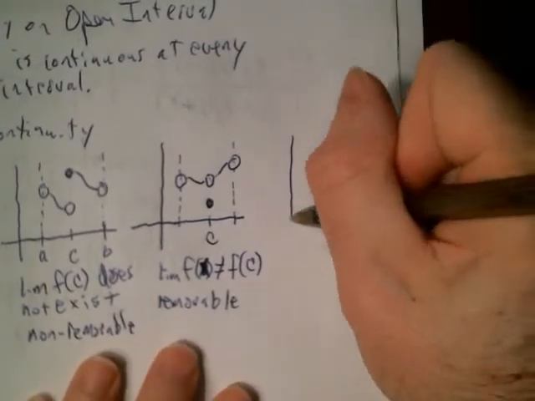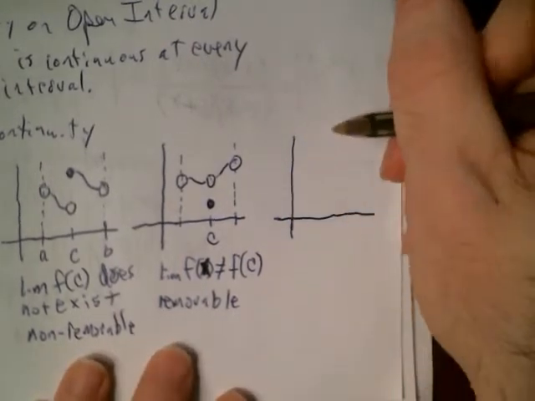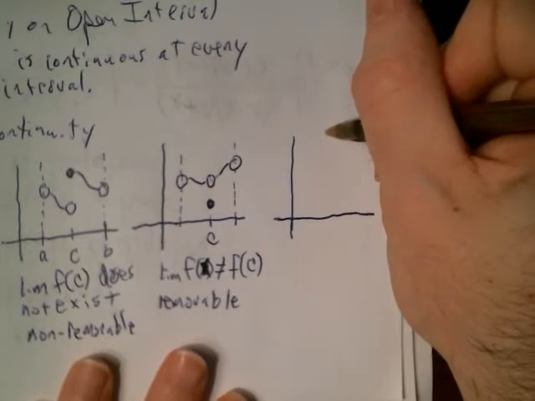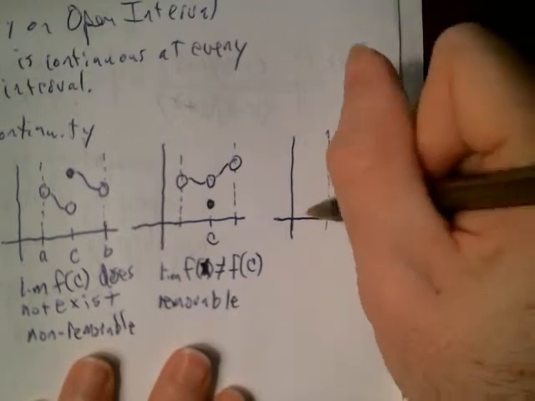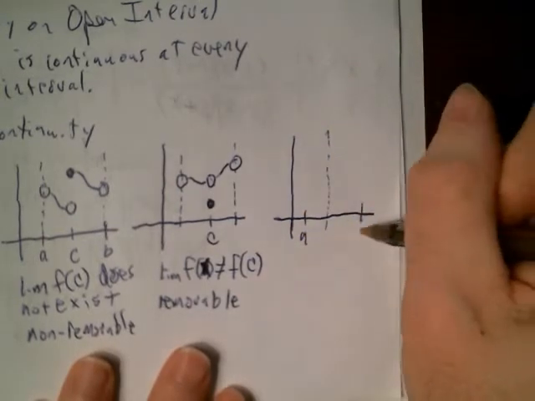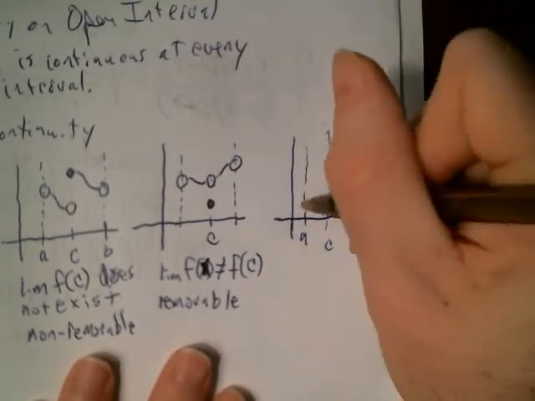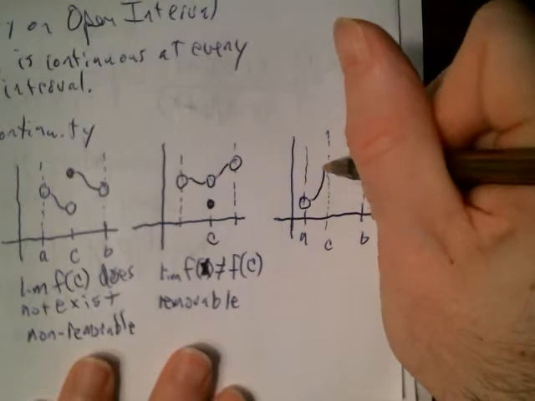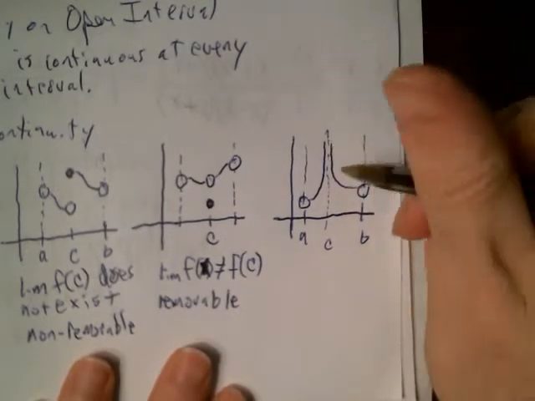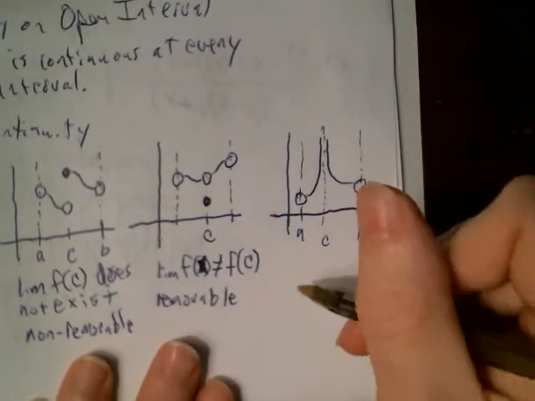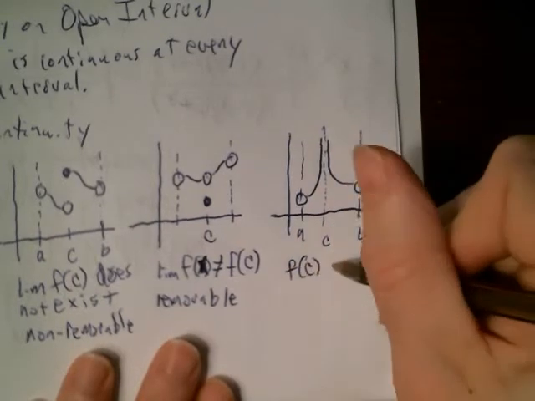The last case, which isn't given in the book, is when you have some sort of asymptote, and in that case, f of c won't be defined, and the limit will not exist. So let's say you have a here, and then b here, and then at c, the graph is shooting off to infinity from both directions. The limit is not defined.